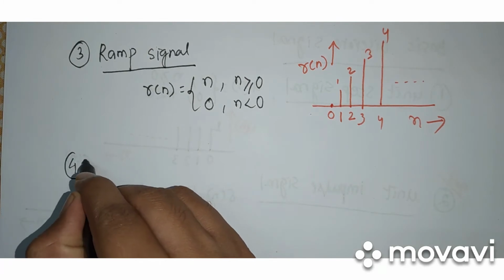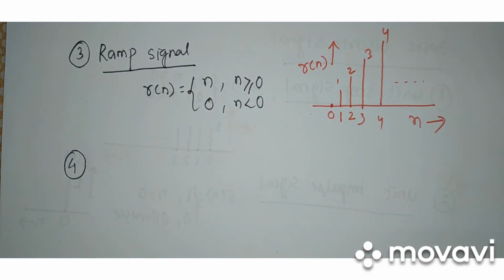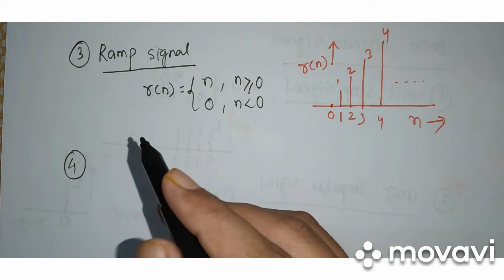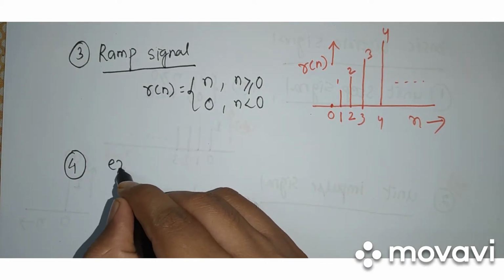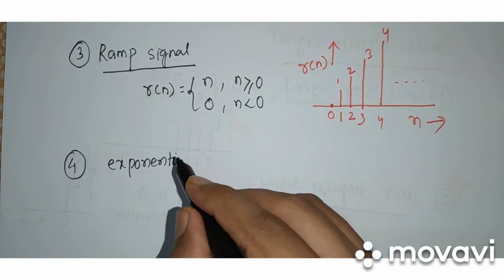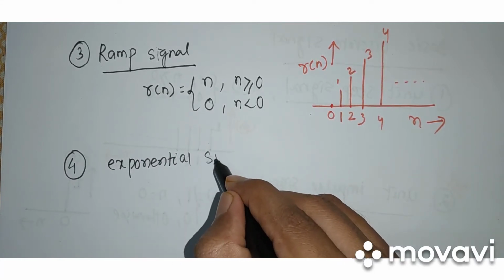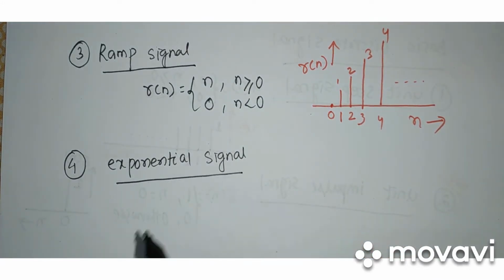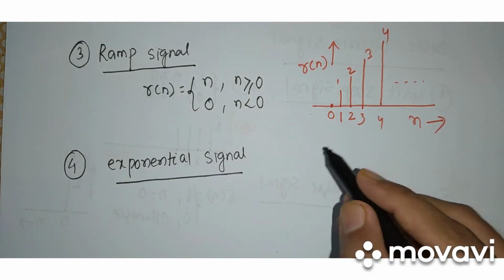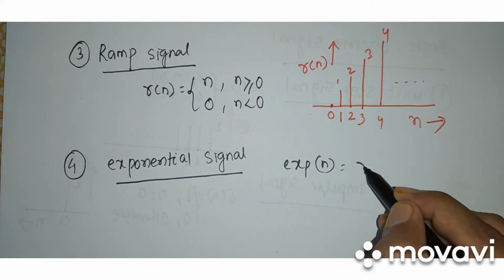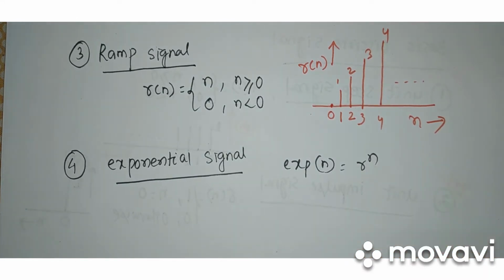Next is your exponential signal. Here also I can represent like this, exp of n equals to r to power n.